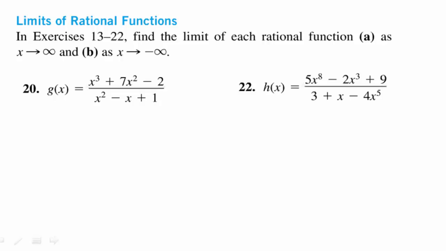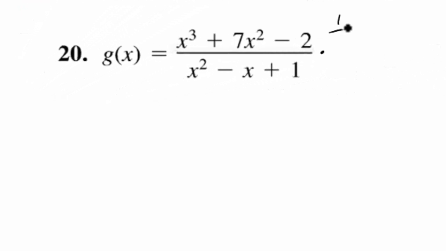What we want to do here is divide both the numerator and the denominator by the power of the degree of the leading term of the denominator. Dividing each term by x squared is the same as multiplying both the numerator and the denominator by 1 over x squared.